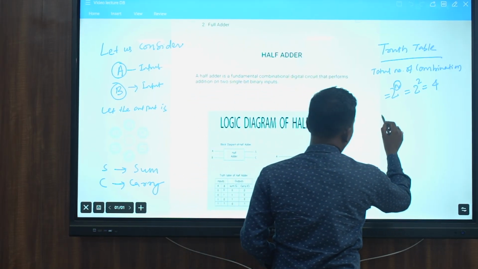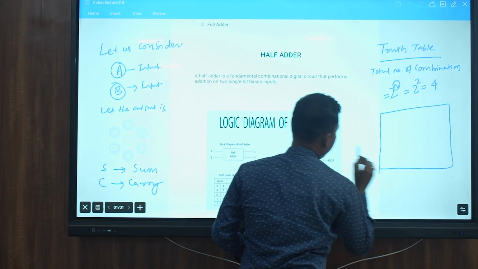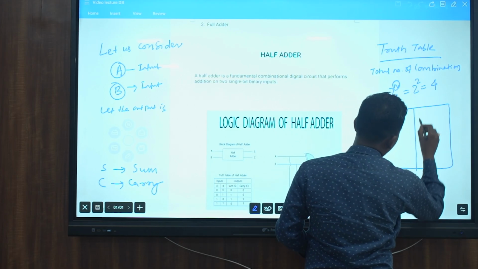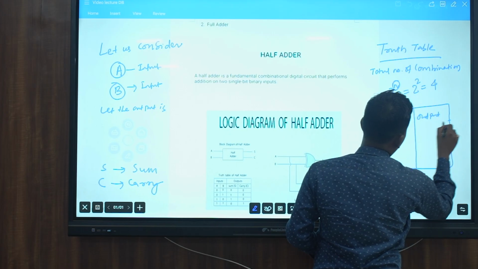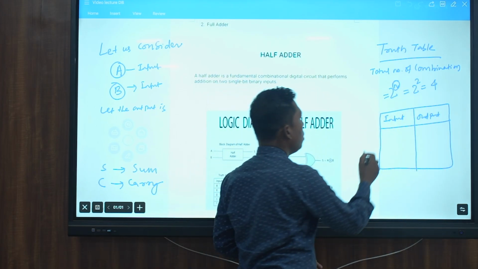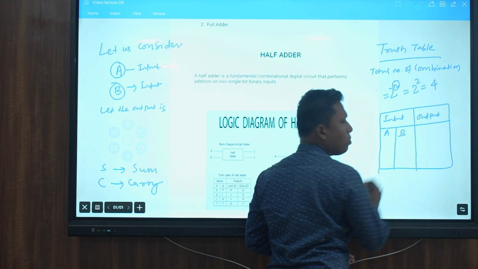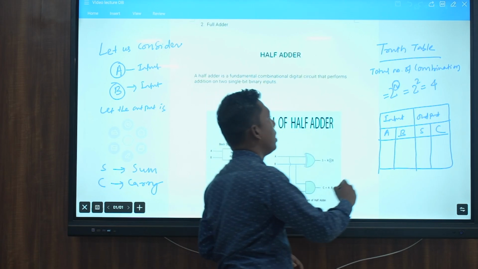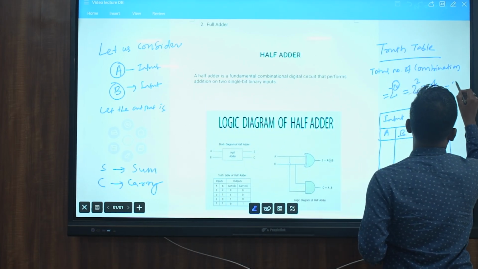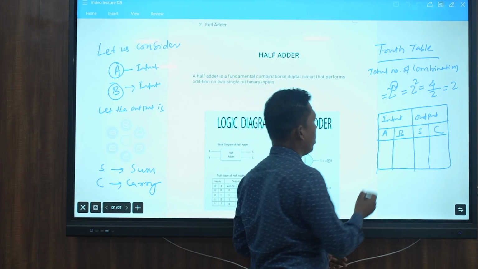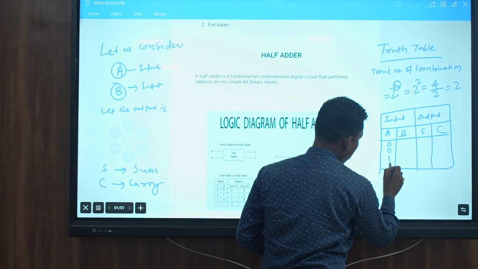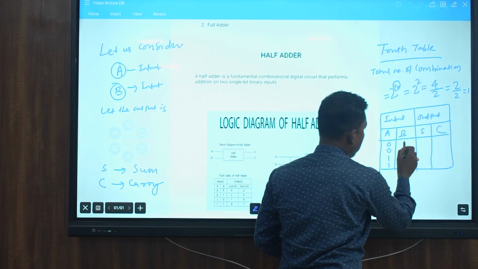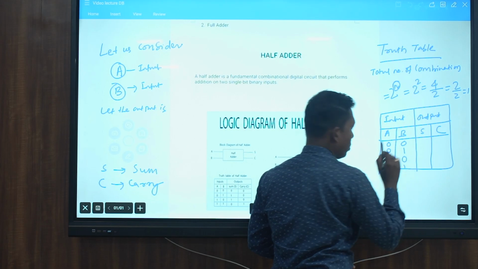Then if we sketch the truth table, the first column represents the input column and the second column represents the output column. Initially I told you that inputs are A and B, and outputs are sum and carry. The total is 4, and as binary data, 4 divided by 2 is 2, so 2 zeros, 2 ones. Again divide by 2, the result is 1, so single 0, single 1, single 0, single 1.